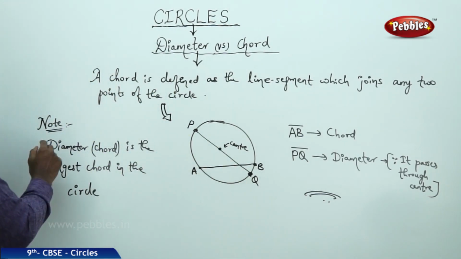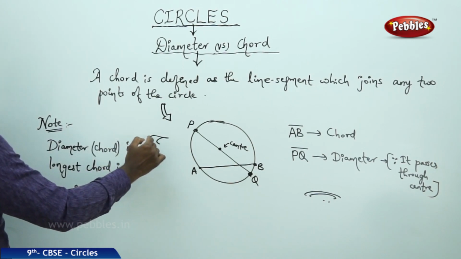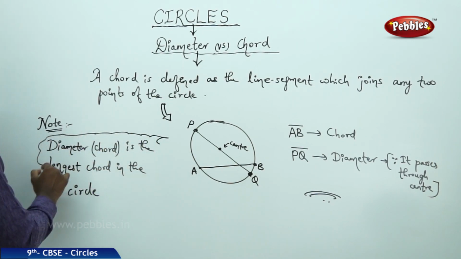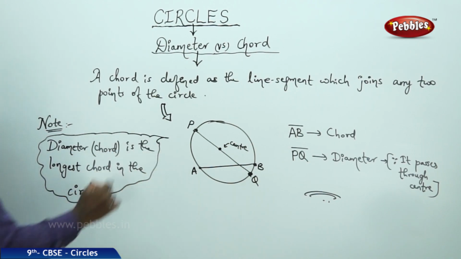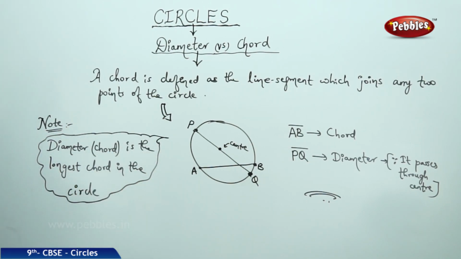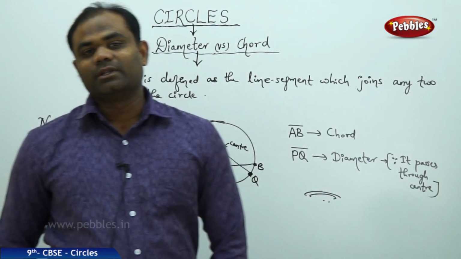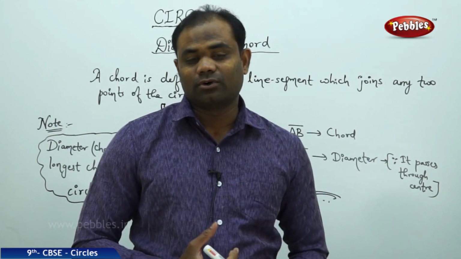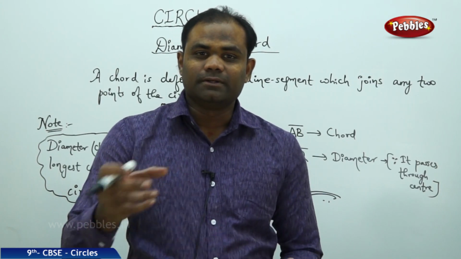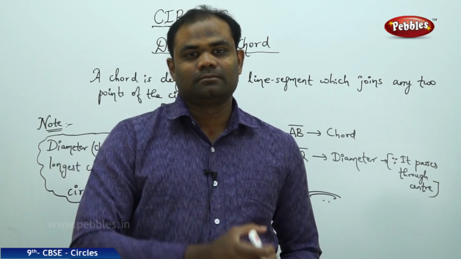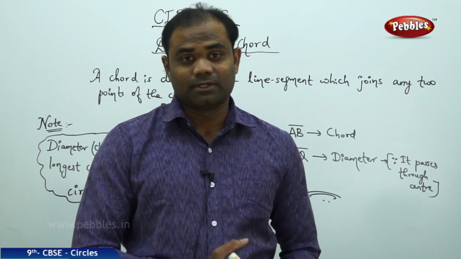So my learning outcome here is that diameter is the longest chord in the circle, is how we understand the relation between a diameter and a chord. Diameter is derived from a chord passing through the center of the circle.